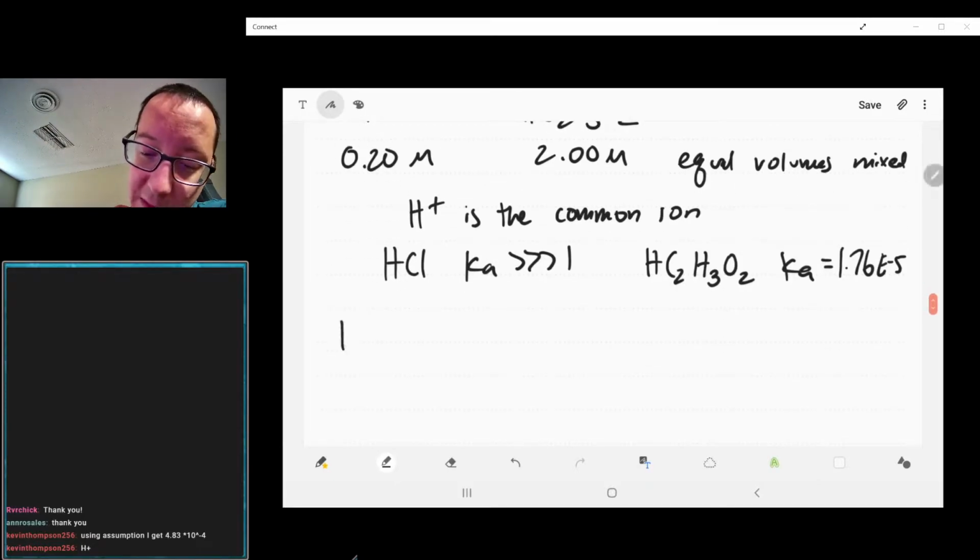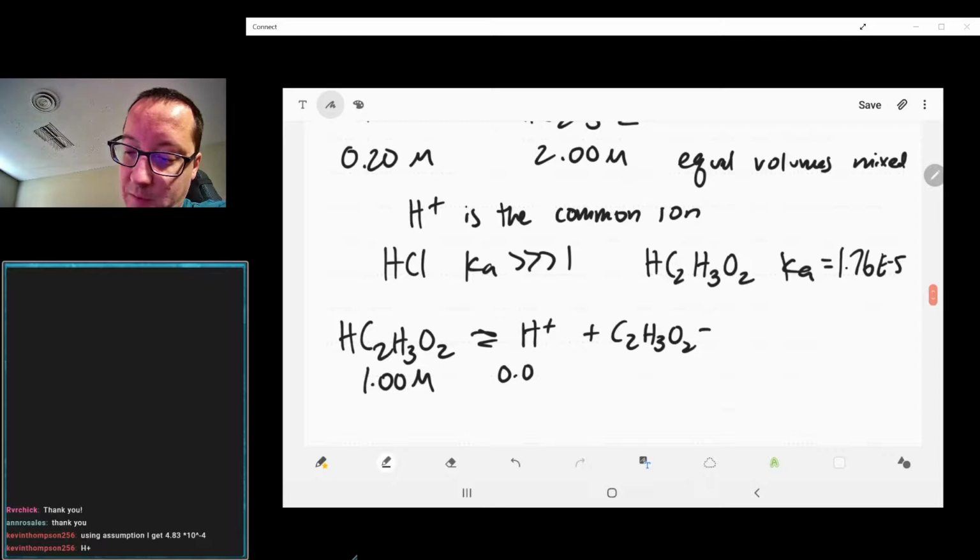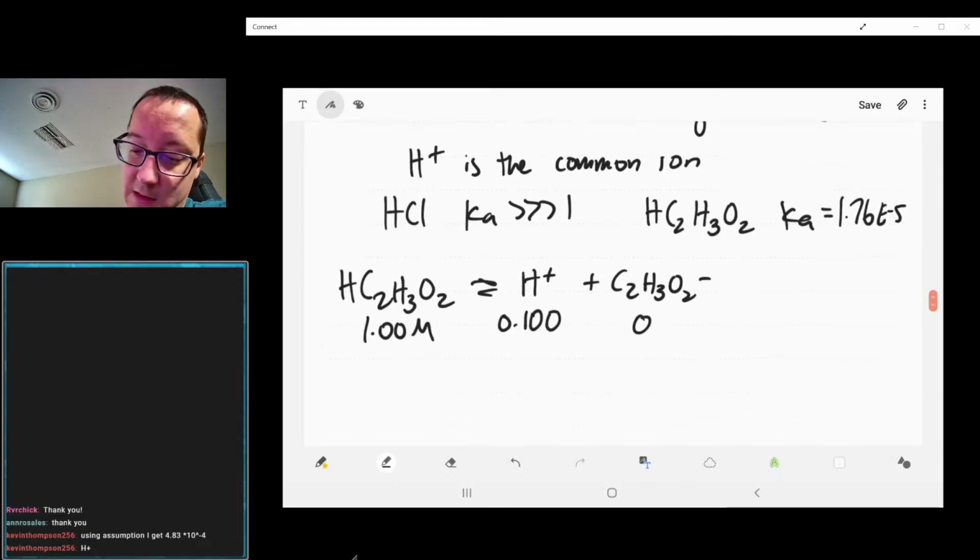So that's the one we're going to be using for our ICE table. If we're going to mix equal volumes again, that means our concentrations should be halved. Here, let's throw another in there. Again, Q will be equal to 0, so of course we're going to be subtracting X.